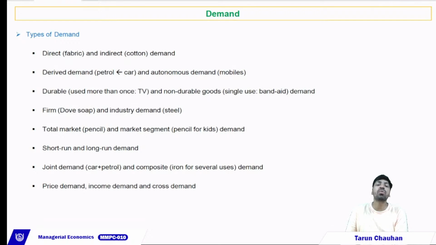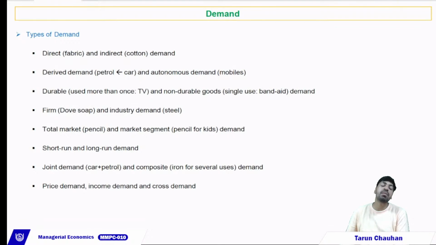The next one is composite demand. Here, any product which has several uses, like iron, is used for several purposes. We use salt for cooking various dishes in the kitchen, and that's called composite demand. Price demand refers to a proportionate change in demand due to a change in its price.